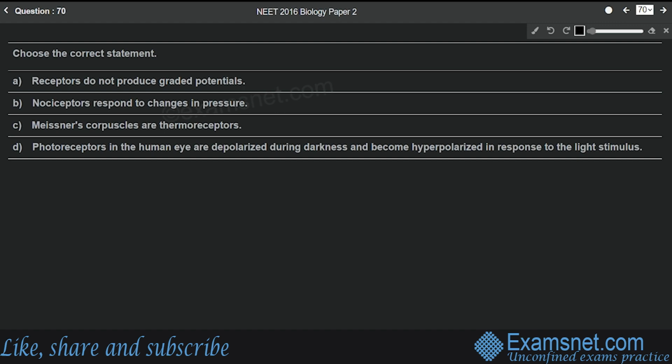Question number 70 is from the chapter Neural Control and Coordination, and here we have to choose the correct statement. The first statement says receptors do not produce graded potentials. Now this is not correct because receptors produce graded potentials. Now what are graded potentials? These are short distance potentials, unlike the action potential.